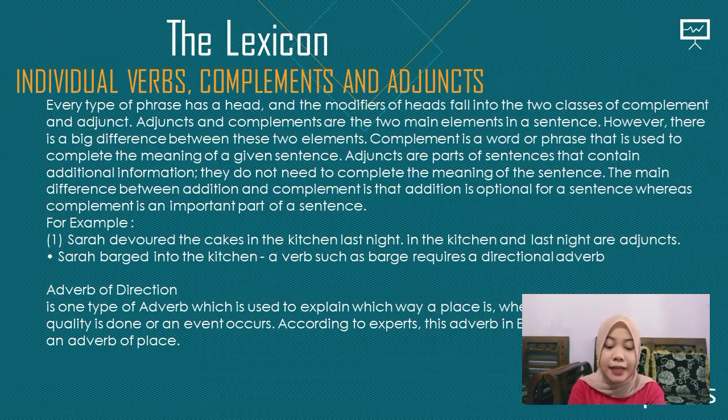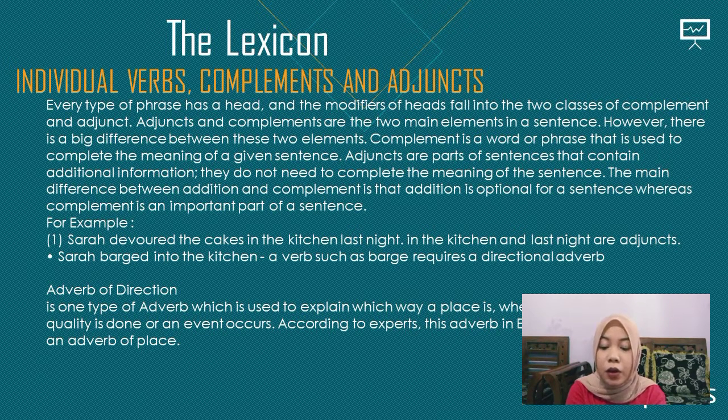Okay, next is individual verbs: complement and adjunct. Every type of phrase has a head, and the modifiers of the head fall into the two classes of complement and adjunct. Adjuncts and complements are the two main elements in a sentence. However, there is a big difference between these two elements.